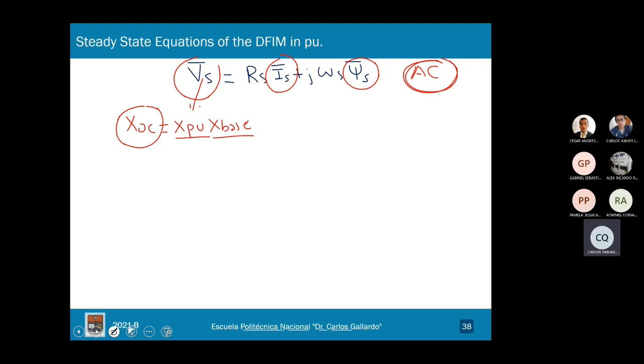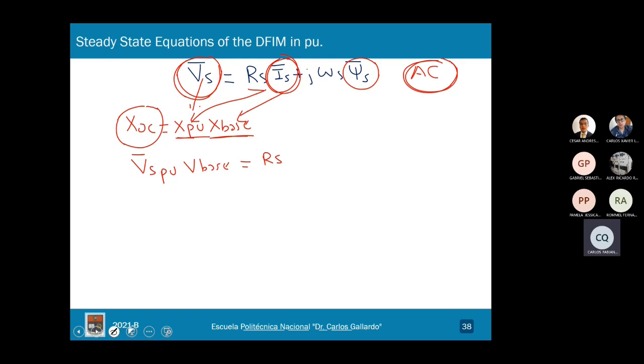So for instance, the stator voltage in per unit value times the base, the voltage base, is equal to the resistance. Once again, this quantity is split into the per unit value and the base.